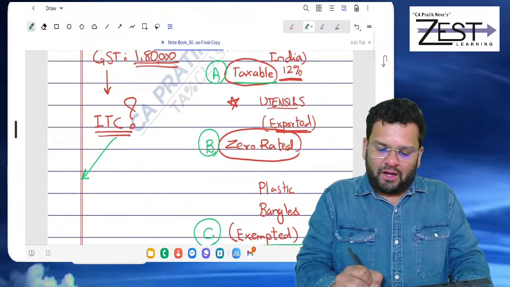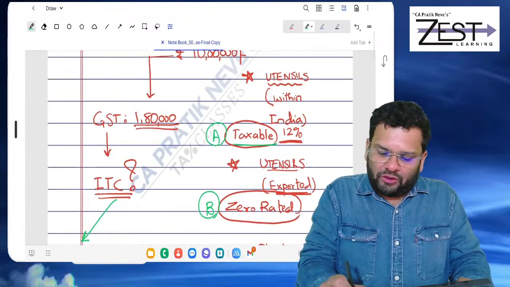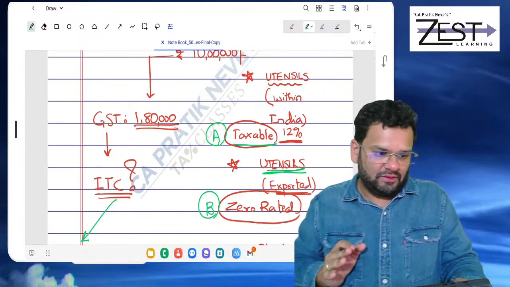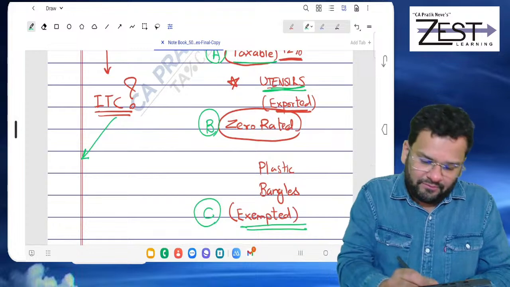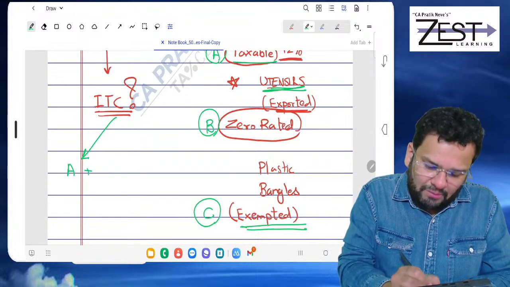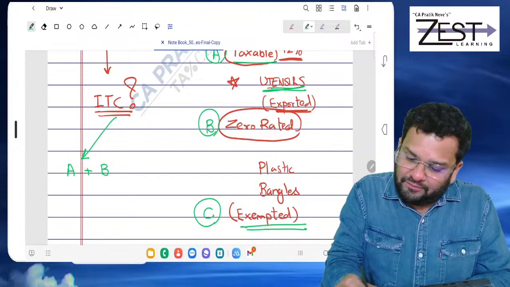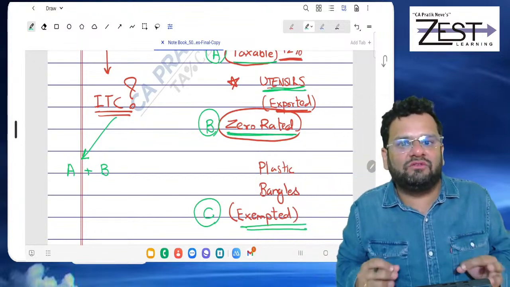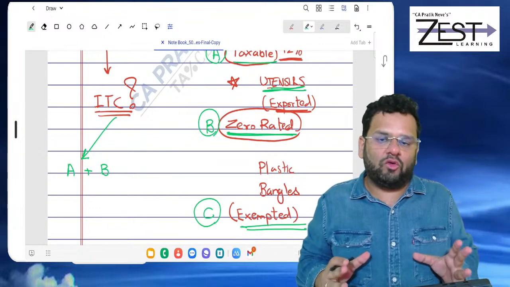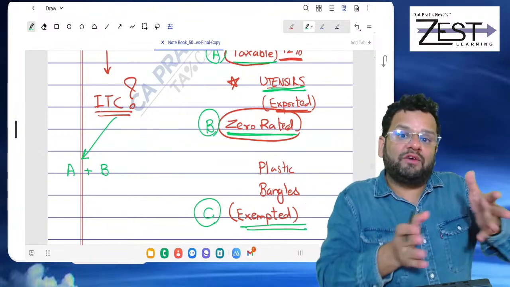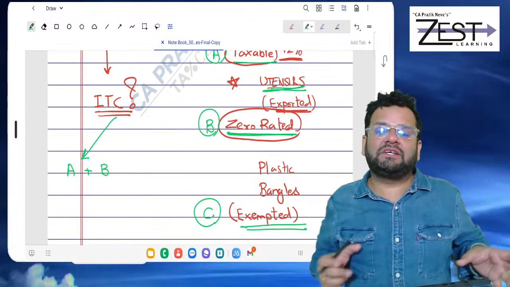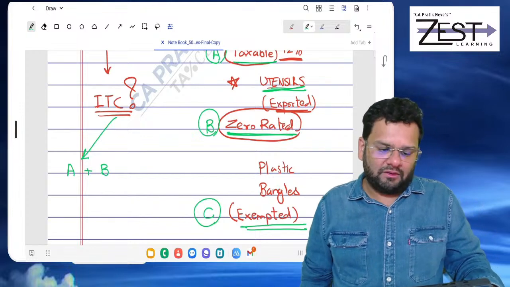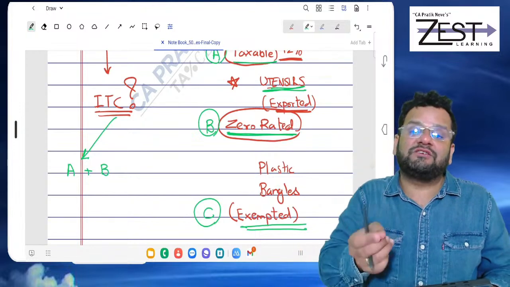See, on the taxable finished goods, on the taxable utensils, you are going to charge output tax. So you should be able to claim ITC on that. So on the A part, you will be able to claim ITC. And in case of exports, the government wants to give you the benefit of availing ITC on the purchases that you are doing for the sake of exports, so that your purchases become GST free.